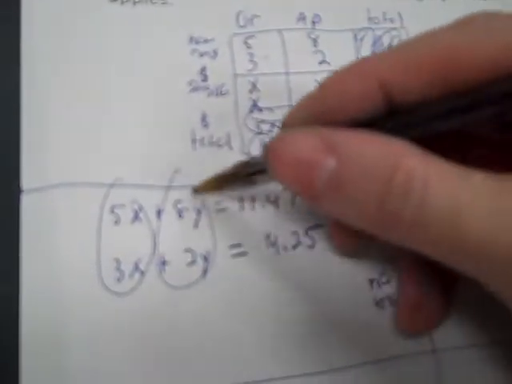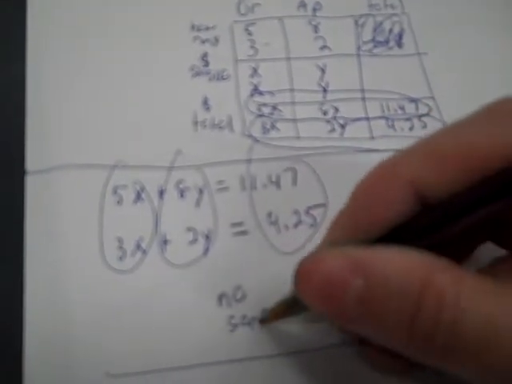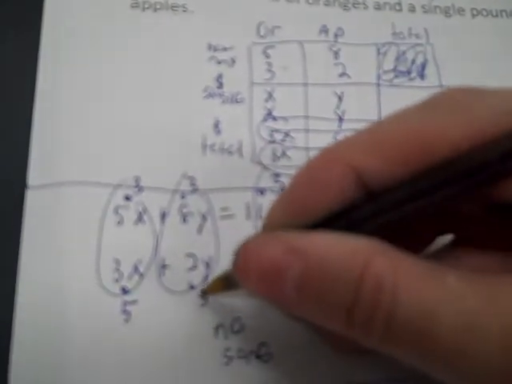Okay, again, there's no base. And there's also no same this time. So with no same, you have to do the dot, dot, dot. So I have a 3 here, so I'm going to times all these by 3. I have a 5 here, so times all these by 5.